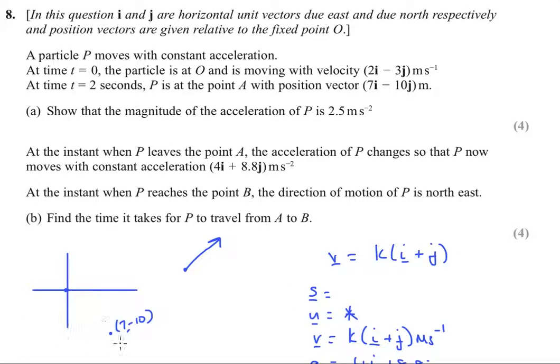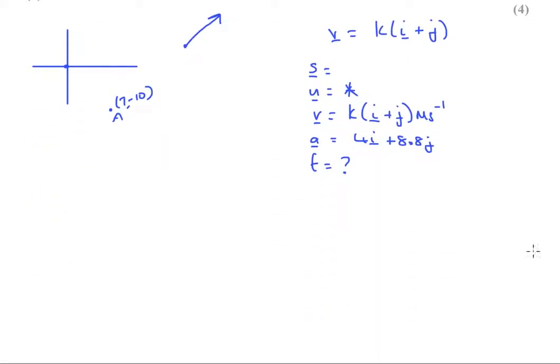So when it got to A, when it got to this coordinate A. So if we find the velocity here in vector form, that will be the u for this new part. So let's start off by doing that. Let's say that v is equal to u plus at. We know a now.